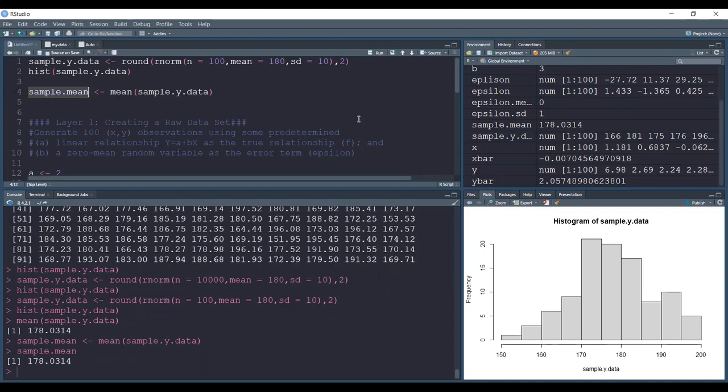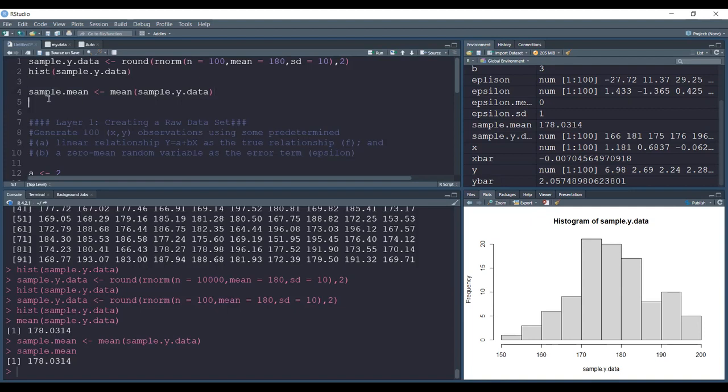If my sample mean is 178.0314, by how much, what are the extremes, might I have underestimated? The true mean is 180. If I am likely underestimating, to what extent might I have underestimated? And if I'm overestimating, to what extent have we overestimated?